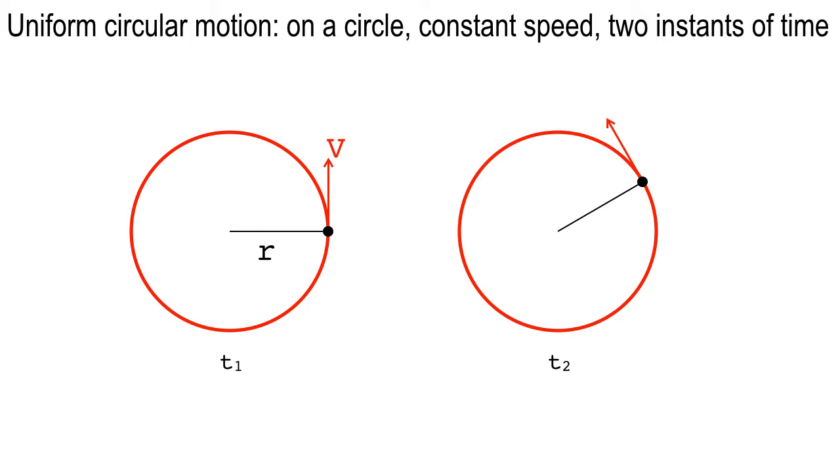So your R vector here is a little bit different position, and V, your velocity vector up here, it's still magnitude V because we're at uniform circular motion.